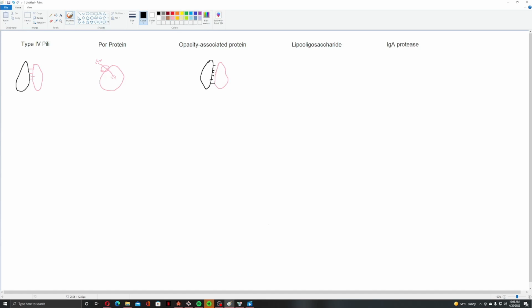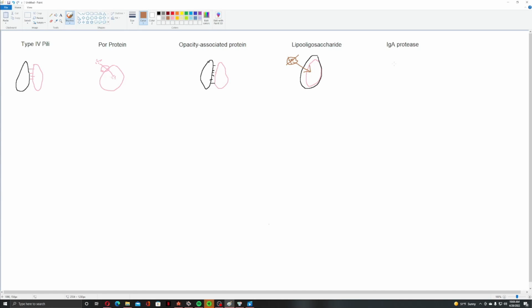Lipo-oligosaccharide is actually pretty interesting because it is the first of the main counters to our immune system. It is a surrounding layer that's basically going to prevent the entry of specific substances, mainly antibiotics and bile salts. So it's basically countering us. They're not going to be able to get in.